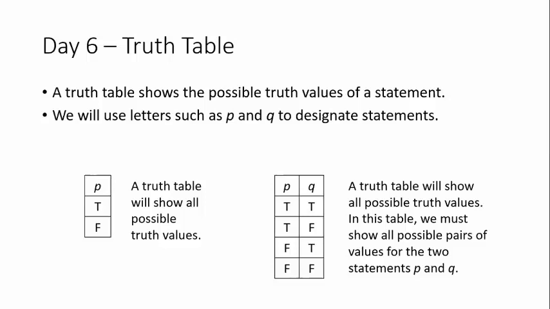I would encourage you to notice how this is set up and begin all of your truth tables with your truth values in this order. Notice that for P, the column going down from top to bottom is true, true, false, false. And the column for Q is true, false, true, false.